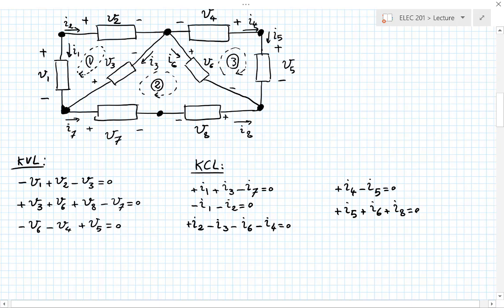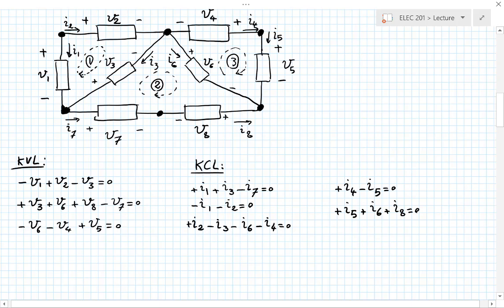And you can try that by adding up these equations, and you will see that things will cancel out. Not adding all of them maybe, but some of them, so that you get an equation that will work out to be I7 minus I8 equals 0. Okay, so I'm not going to write it.